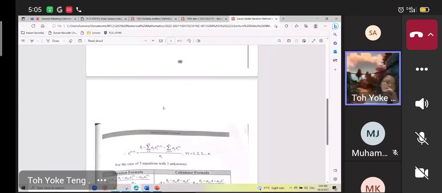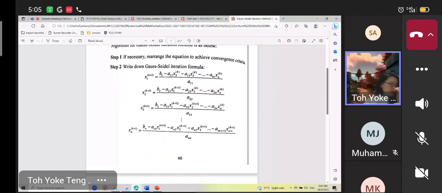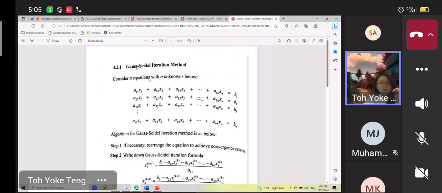Okay, so it refers to the silver version, so there is page 60. It refers to the later versions. I'm not sure there, so maybe we just write it out for the Gauss-Seidel iterations method, just based on the table of contents.